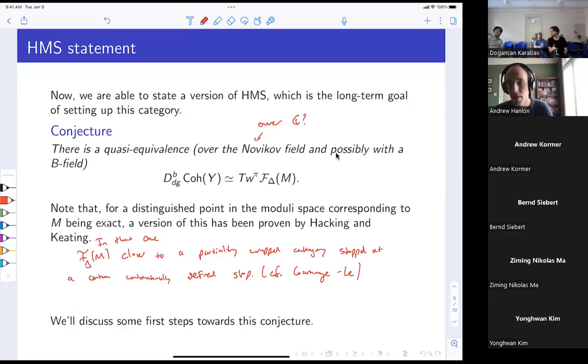No, there shouldn't be a C model if you're really defining things over the Novikov field in the non-exact case, when the radiance is not zero. You can prove convergence and maybe get something. Sorry, maybe I'm being a little bit sloppy here.